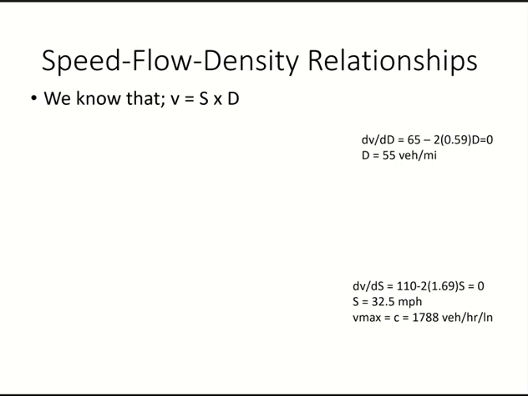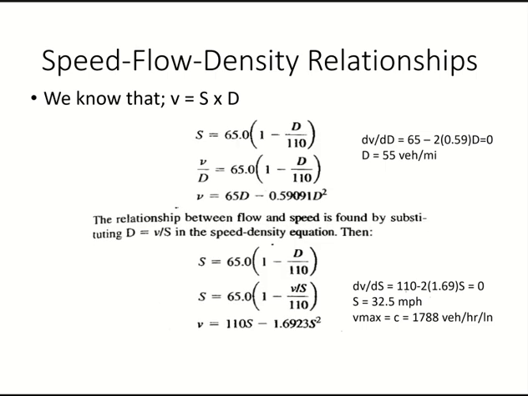So from the straight line, I got the equation for speed and density. And before that, I showed you this equation: flow equals speed into density. So now I have two equations. This equation was already there, and this is the one which we got from the straight line.